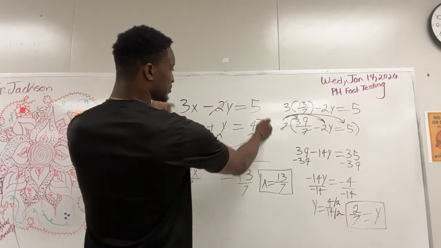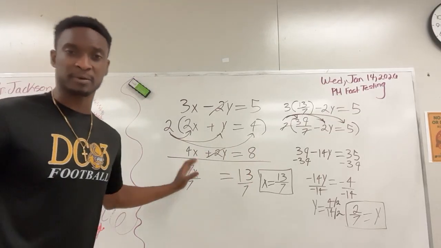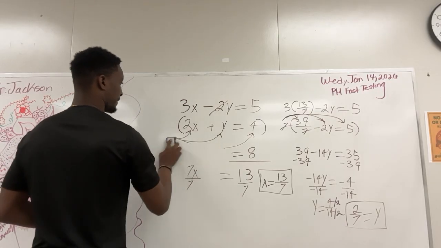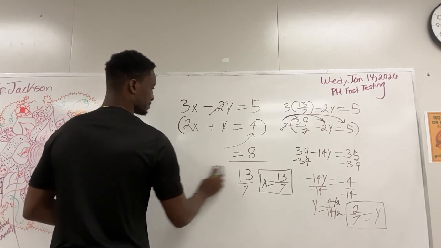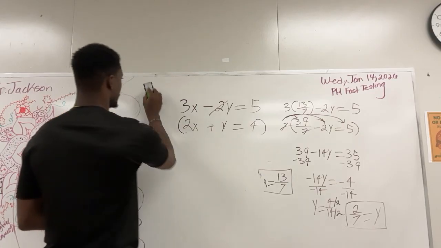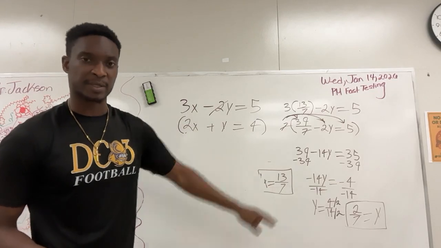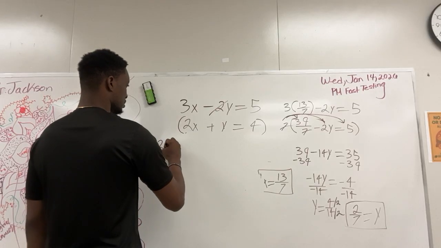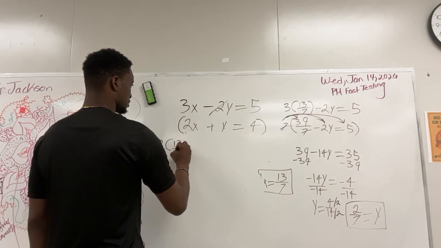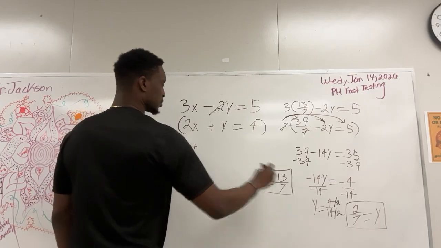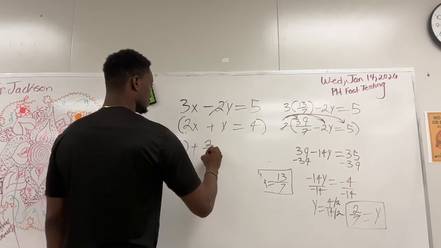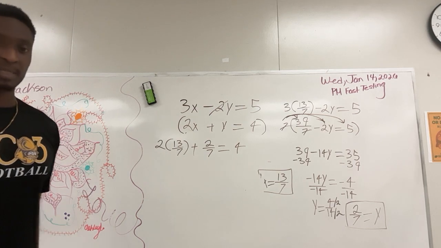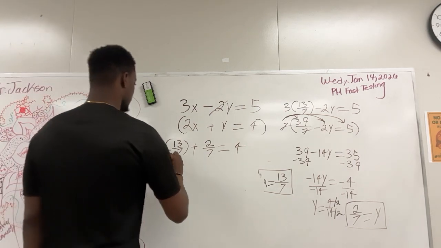So let's use both equations for the sake of it. I'm going to erase so we can have space. x is equal to 13 over 7. Let's use the second one: 2 times 13 over 7 plus 2 over 7 equals 4. 2 times 13 gives me 26.